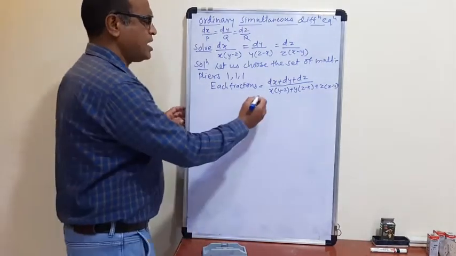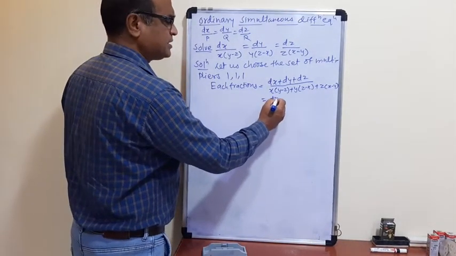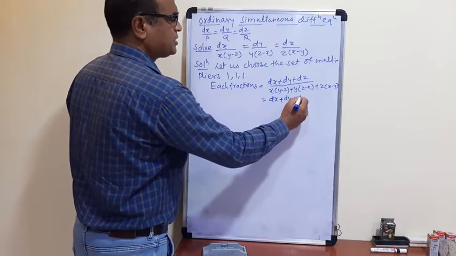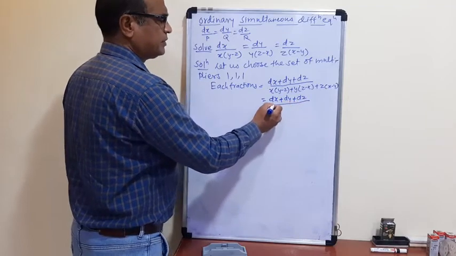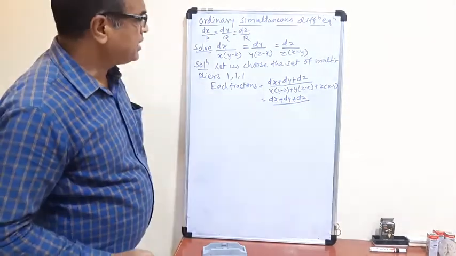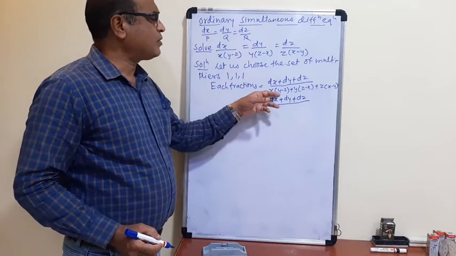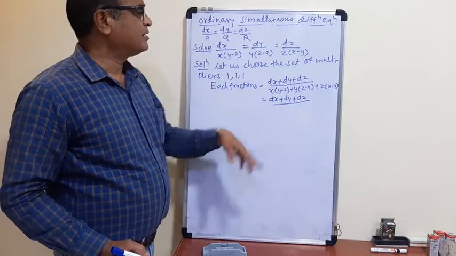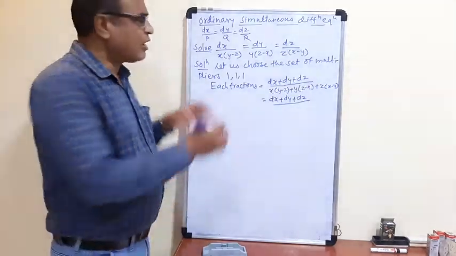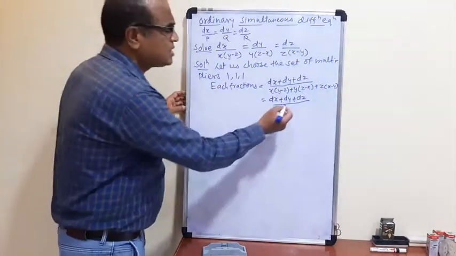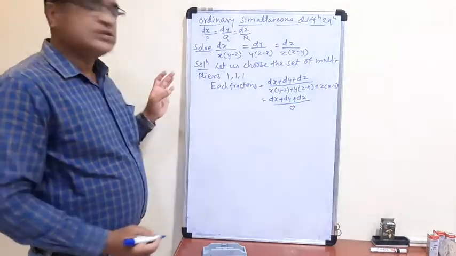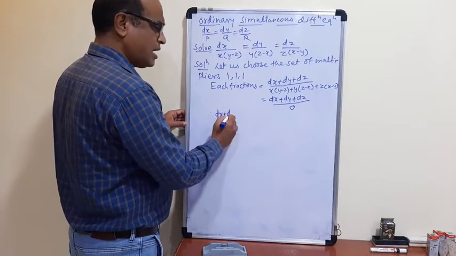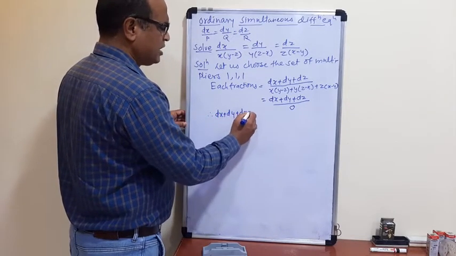So this is dx + dy + dz divided by: xy, minus xy, minus xz, plus xz. All those terms cancel, so we get 0 in the denominator. Therefore dx + dy + dz = 0.